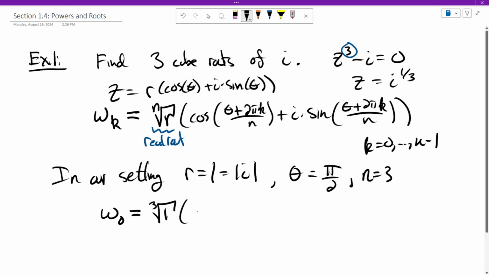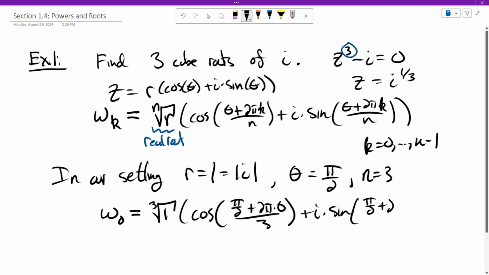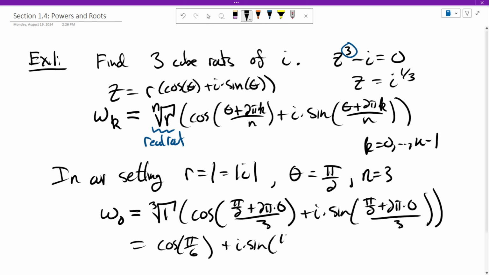And then cosine of (theta plus 2 pi times 0 over 3) plus i sine of (theta plus 2 pi times 0 over 3). The cube root of 1 is 1. This is cosine pi/6 plus i sine pi/6, because the 2 pi term goes away, and pi halves divided by 3 is, of course, pi/6.